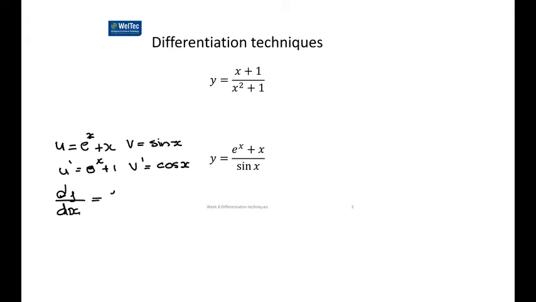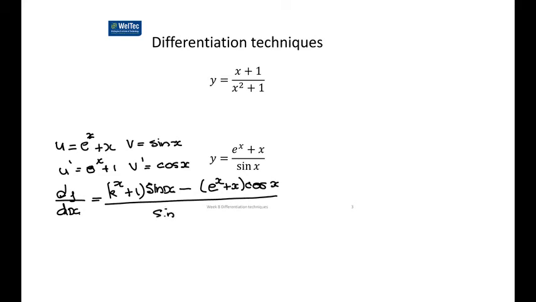It'll be u dash, so e to the x plus 1 times v, which is sine x, minus e to the x plus x times cos x, and all of that is divided by the bottom line squared, v squared, which is sine squared x.